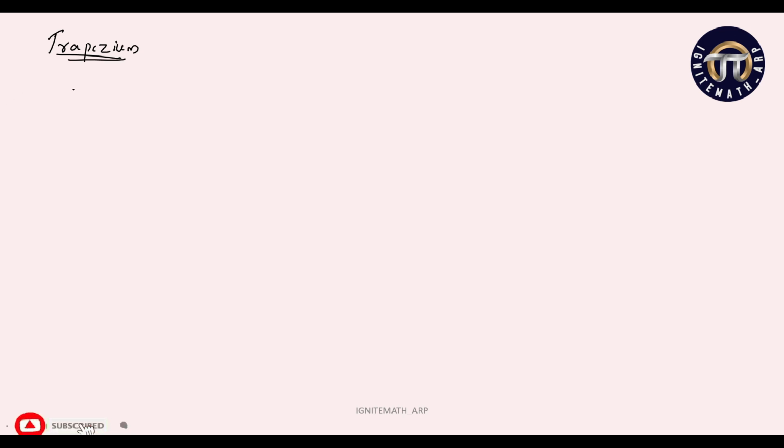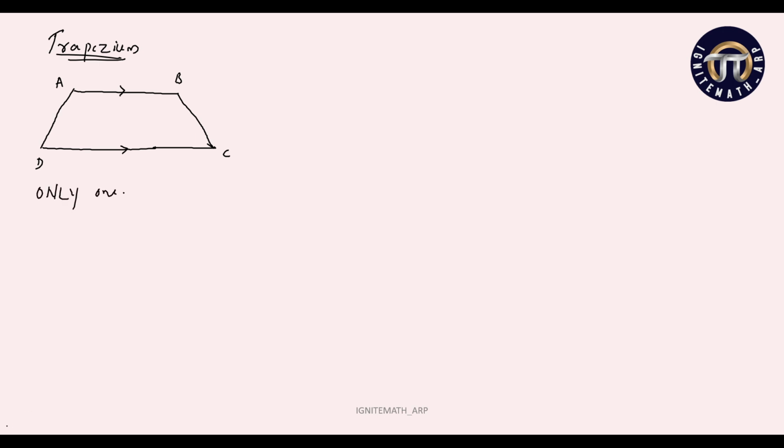Trapezium is a quadrilateral which has only one pair of opposite sides parallel to each other. So if ABCD is a trapezium, only one pair of opposite sides are parallel.